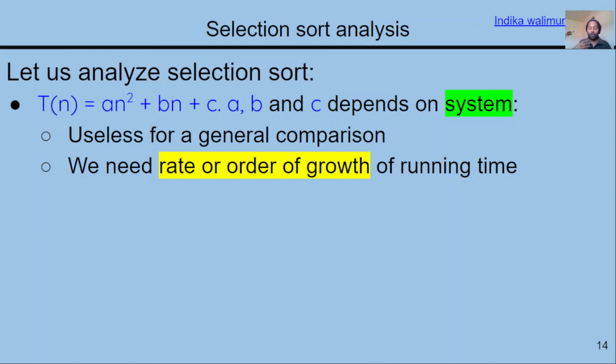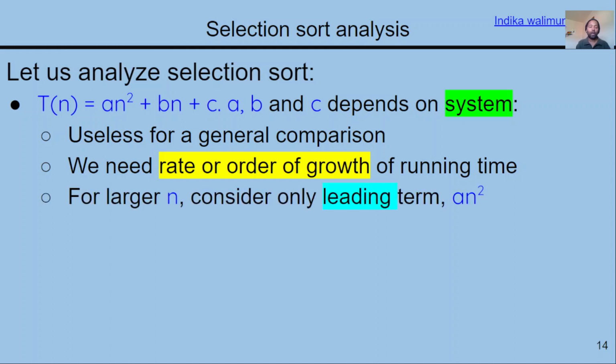So we need to base the idea on the growth, or the rate of growth of running time, the order of growth. So for larger n, we can simply leave out the smaller terms.